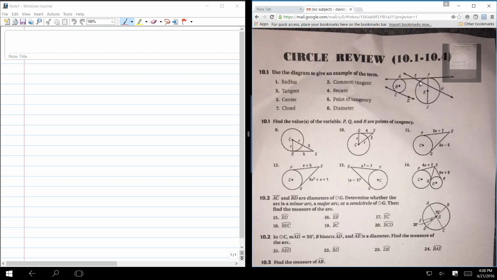A more common answer for chord would be GH. In other words, a chord doesn't have to go through the center. FJ goes through the center, making it a diameter. But the definition of a chord is any 2 points on the circumference that are connected by a straight line. So technically, the diameter is also a chord.